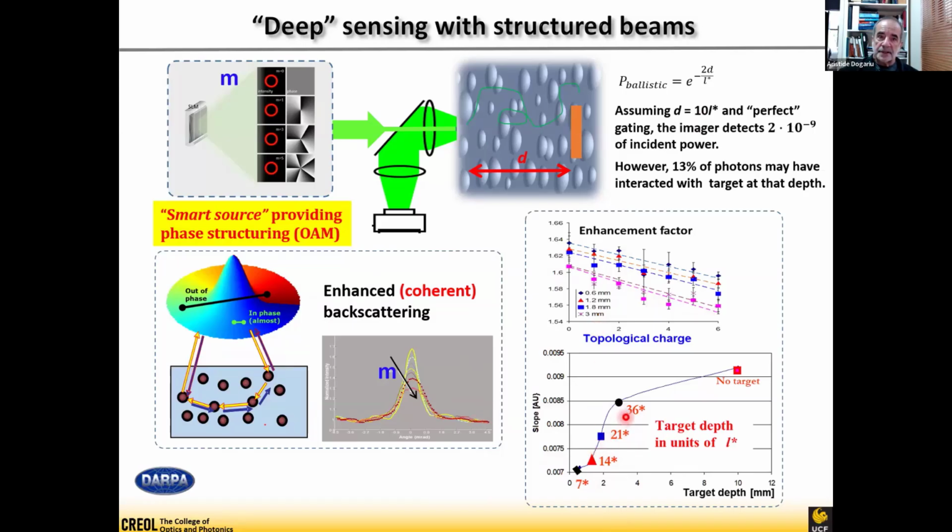So practically this is a completely opaque medium that is penetrated by coherent light, and taking advantage of the subtle phase correlations in the incidence, you can practically measure the thickness of this medium.